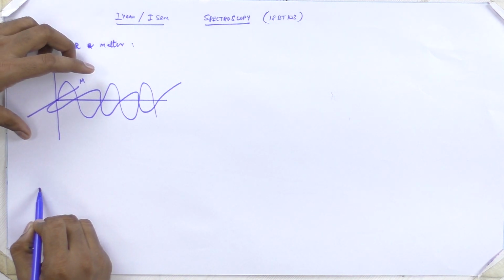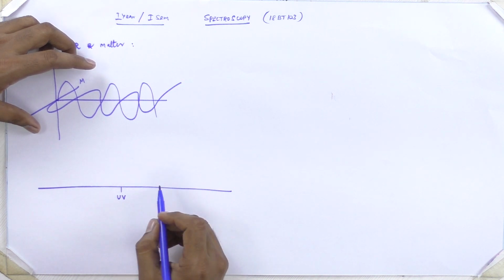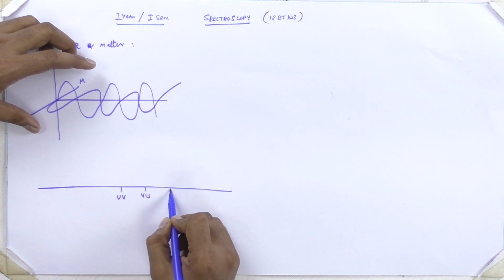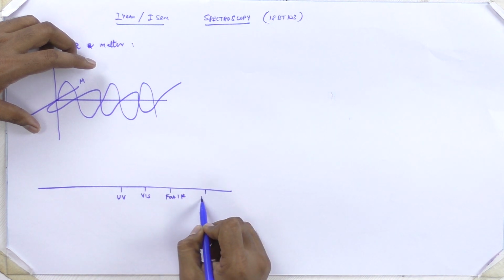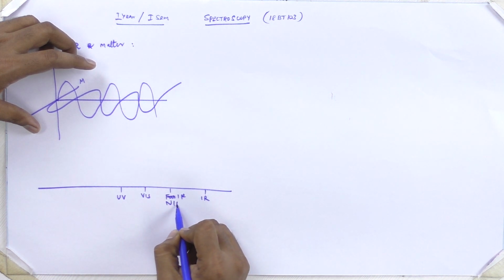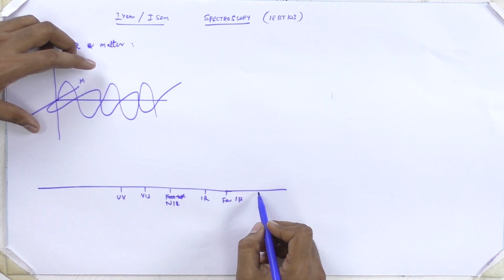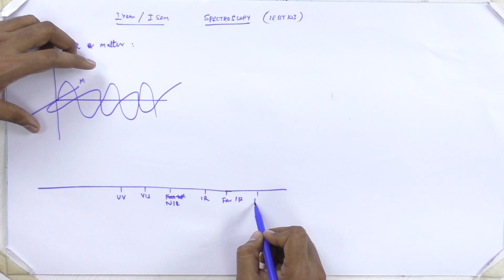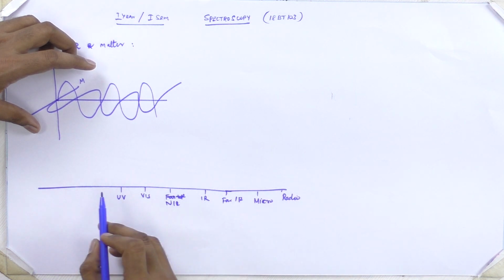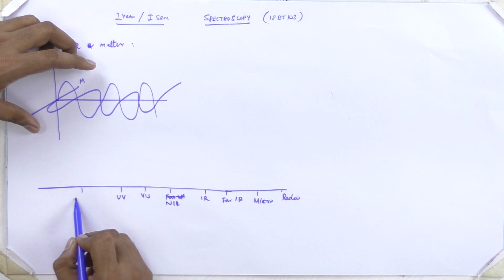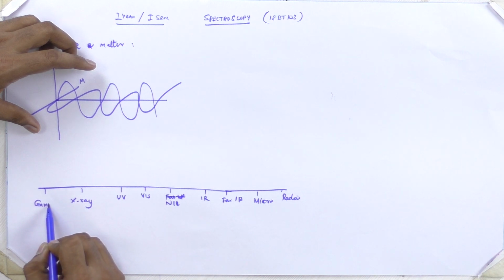Now let's see. First I wrote UV and visible, then NIR, IR and far IR, then microwaves and radio waves, and these are X-rays and gamma rays.